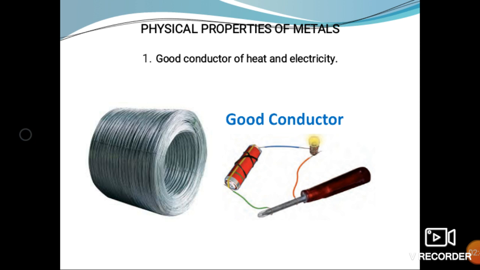From the picture you can see that the light is glowing. So that is the first physical property of metals: a good conductor of heat and electricity. It conducts electricity. From the picture you can know that.